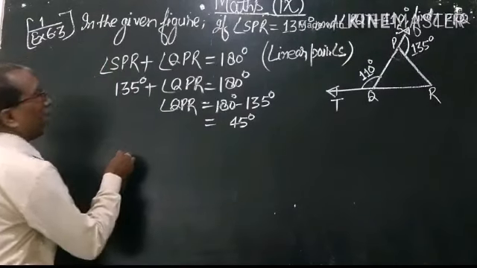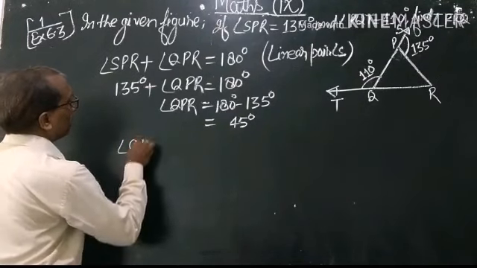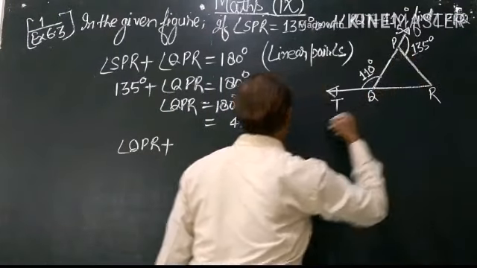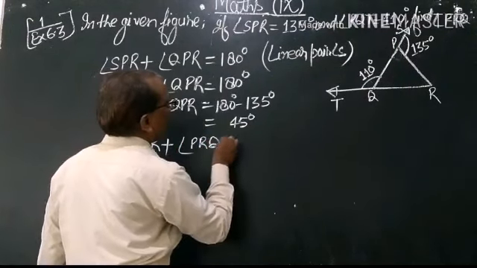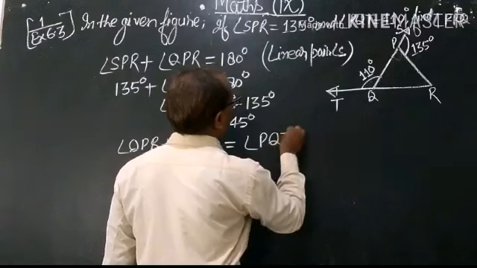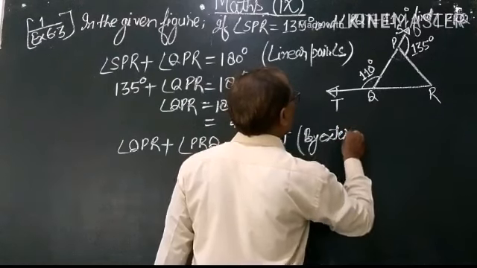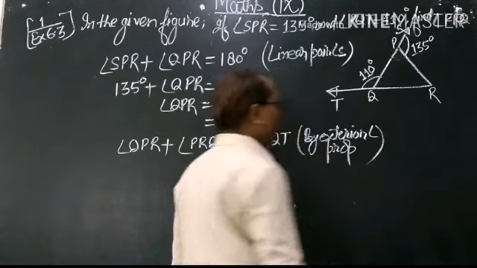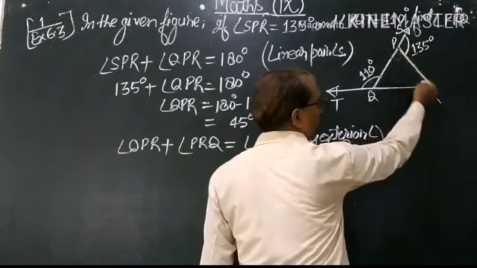Then you write angle QPR plus angle PRQ is equal to angle PQT, by the exterior angle property. By the exterior angle property, this angle is equal to the sum of these two angles.